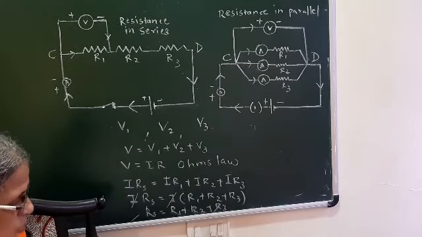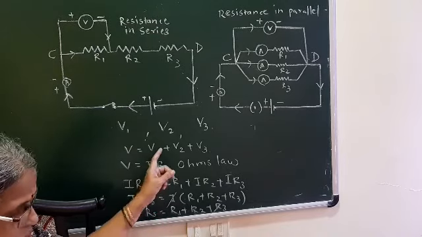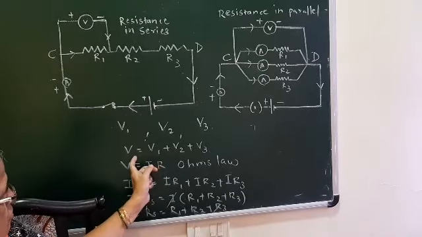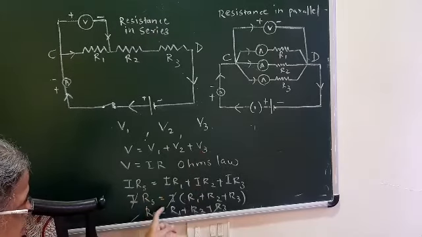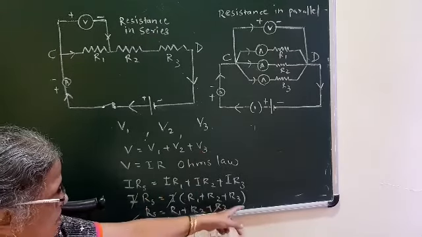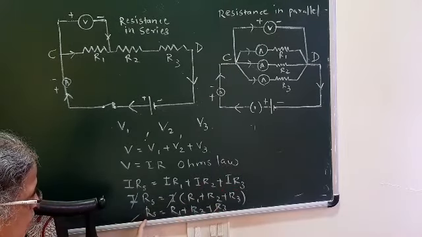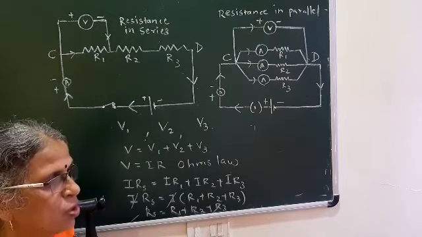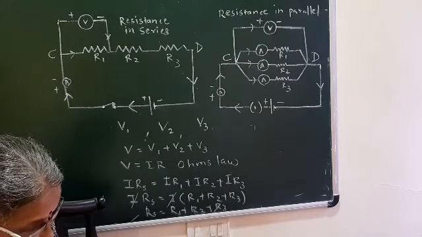In the answer, we give I is equal to the same current flows through each, then V is equal to V1 plus V2 plus V3 in words, then Rs is equal to R1 plus R2 plus R3 in words. These are the three points. And then the effective resistance is always greater than the individual ones, and therefore whenever we want to increase the resistance in a circuit, we use resistors in series.